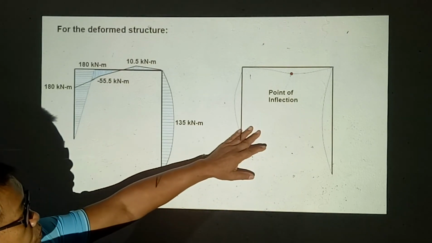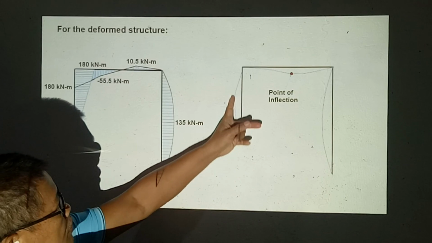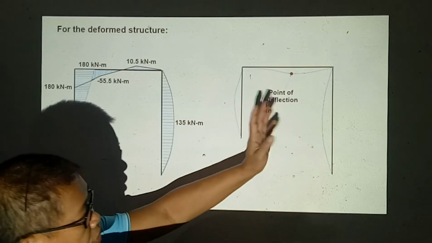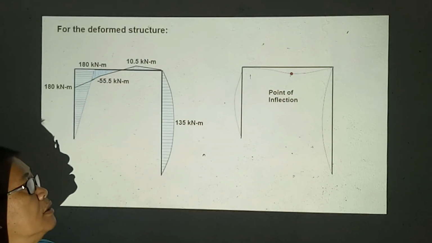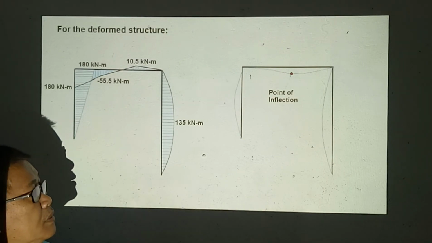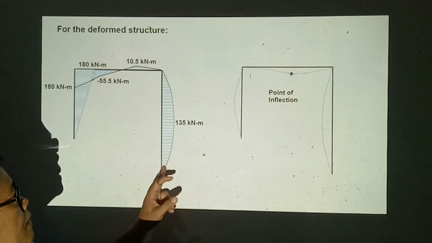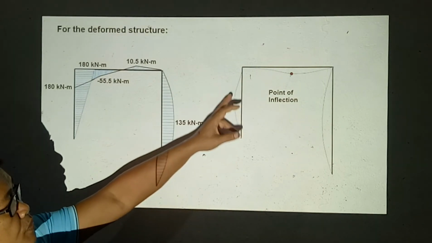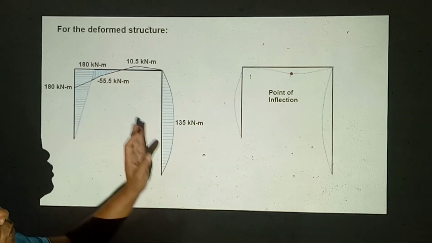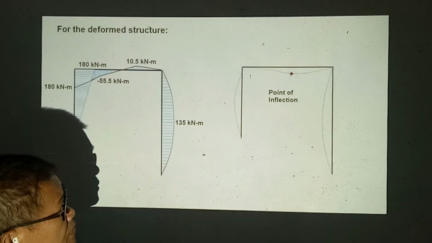So this is now what we call the deformed structure. The structure, being subjected to the applied loadings and having developed the deformation because of the moments which are developed.